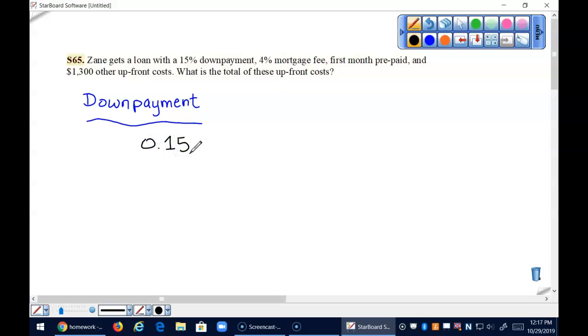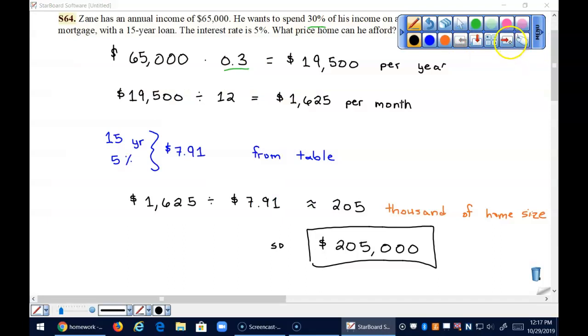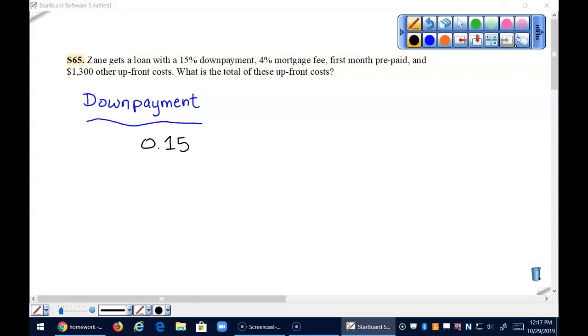His loan amount was $205,000. So we multiply by the 205,000. 30,750. Everyone's calculator gets that too.